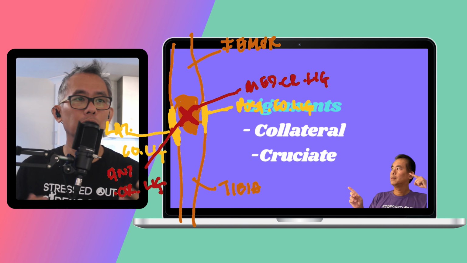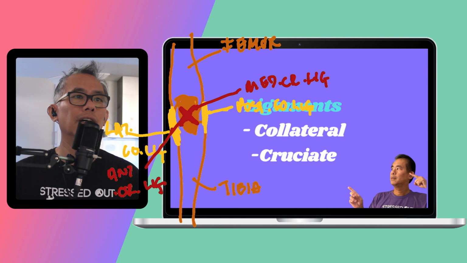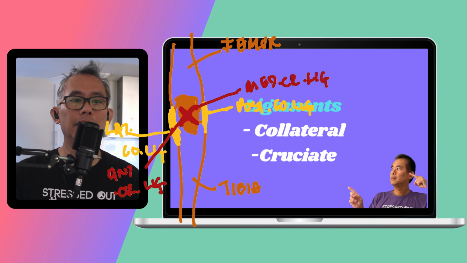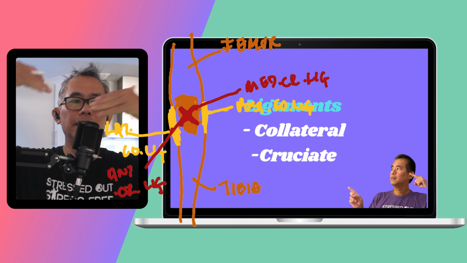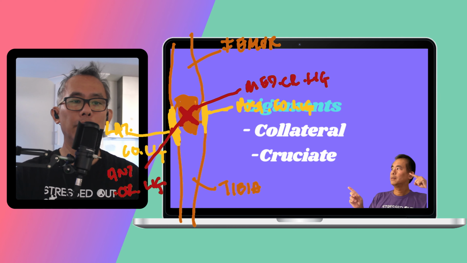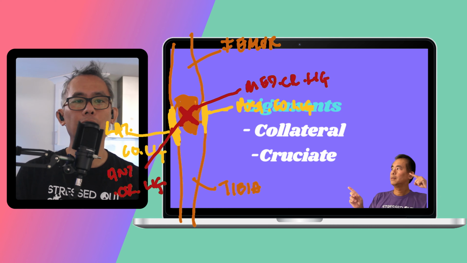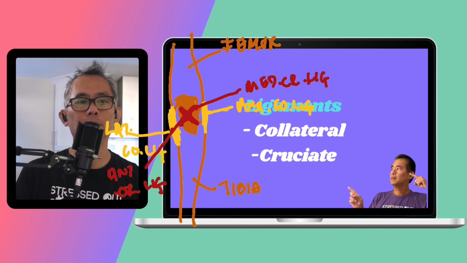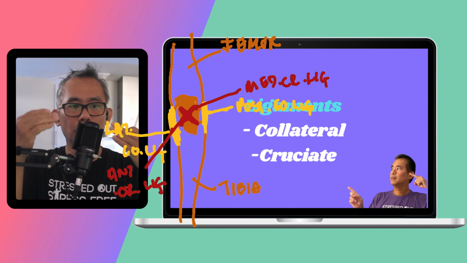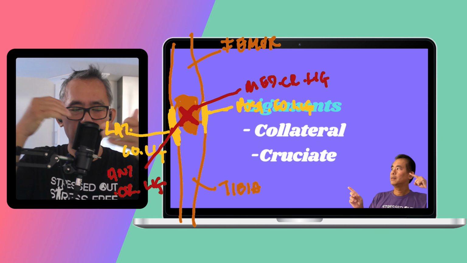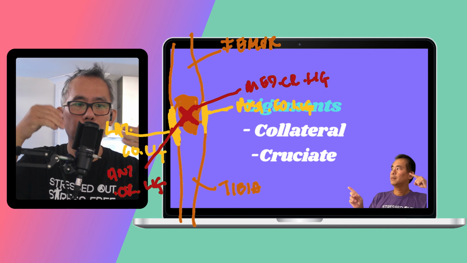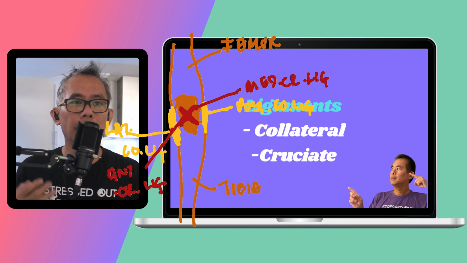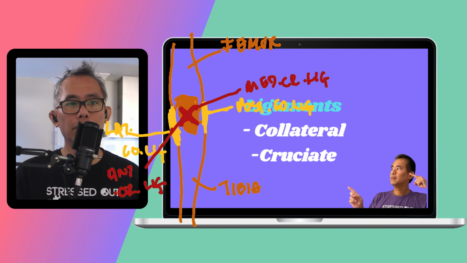So you have those two ligaments. What does the cruciate ligament do? It's inside the knee like a cross, and it helps you to move forward and backwards, and then the collateral ligament helps you to move sideways.